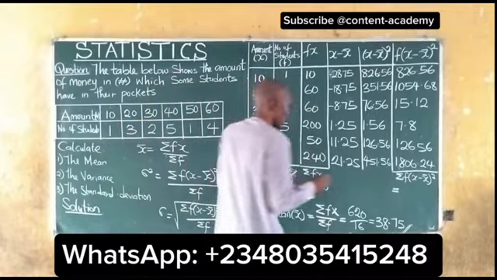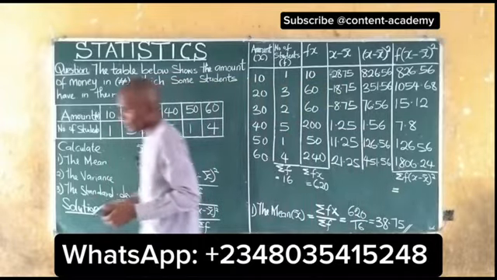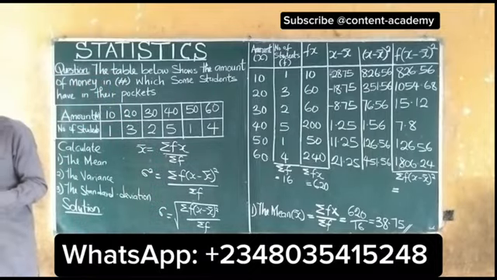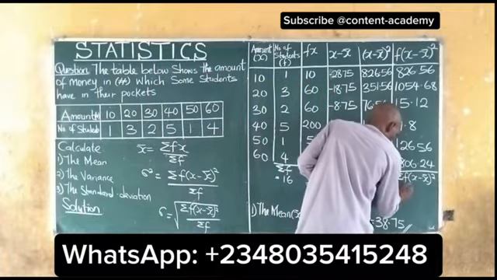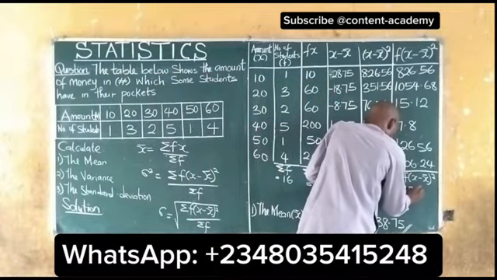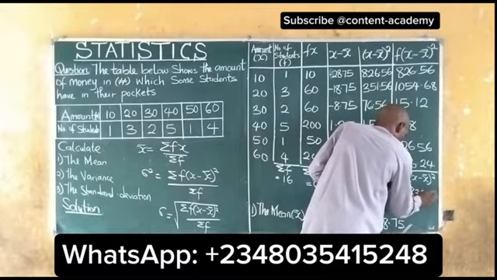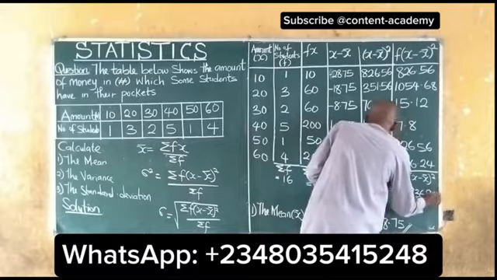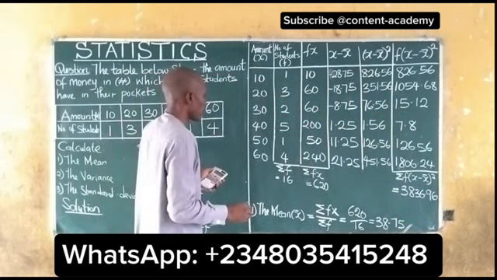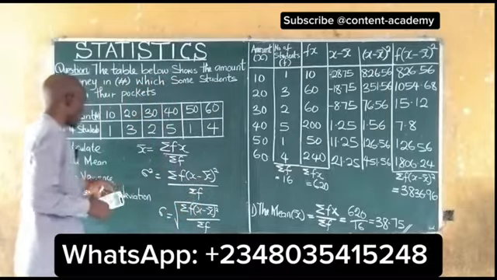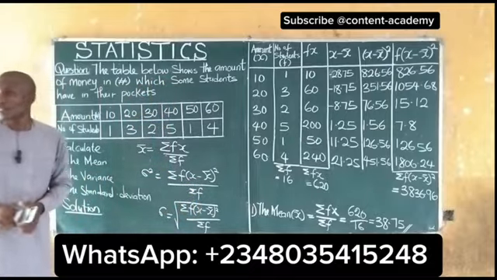So we have here 3836.96. That's what we have. Now we can calculate for our variance and our standard deviation.